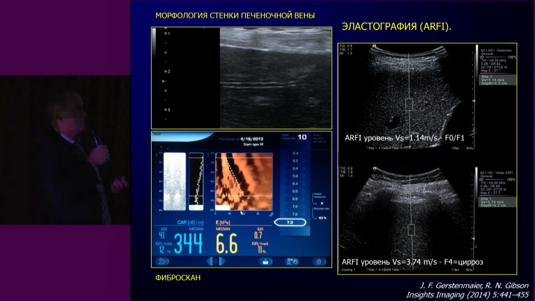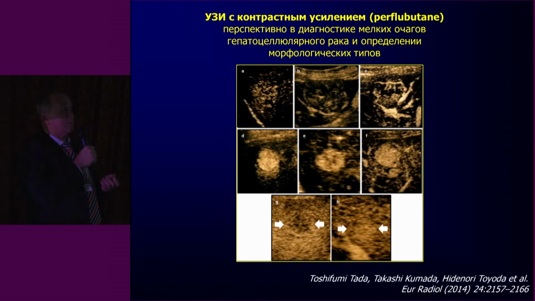tissue structure quantitatively. It's not labor-consuming, and we also use elastography, which makes it possible, even in treated patients, to say which kind of effect we hope to reach or will reach. Of course, today we should mention contrast-enhanced ultrasound.